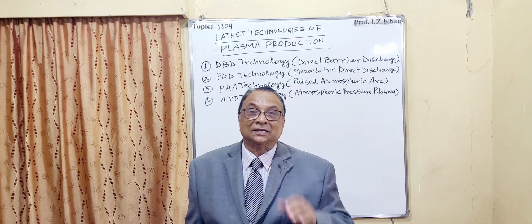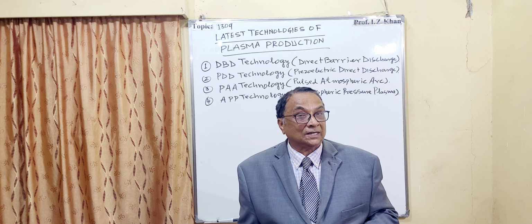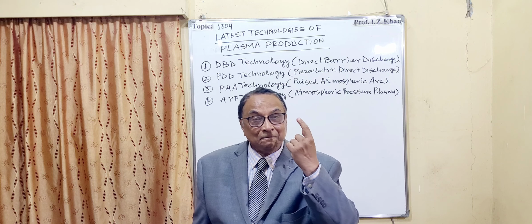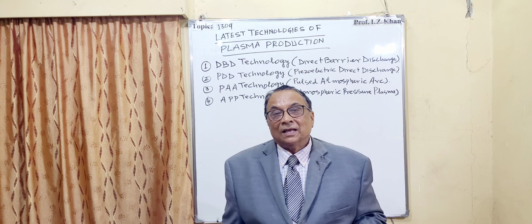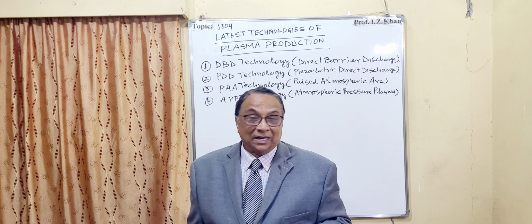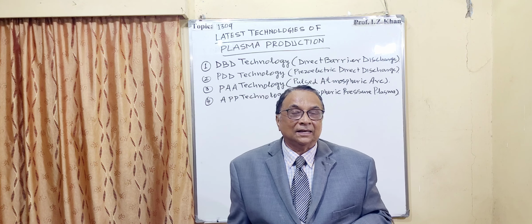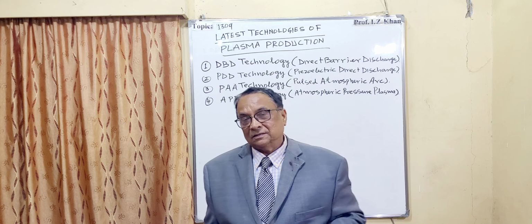We have to create the plasma state, and this plasma state is already there in the sun and in stars. So what scientists today are looking for is nuclear fusion.